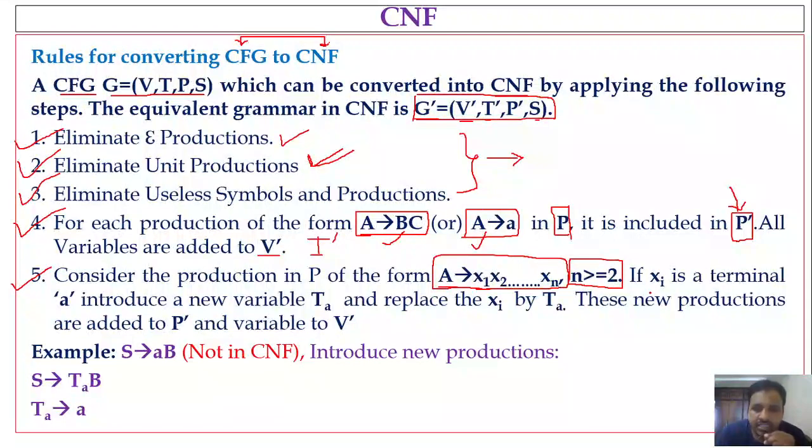Consider that each Xi, whatever X1, X2, Xn we have written, is a terminal. To convert it into CNF, each Xi must be replaced with a variable called Ta.